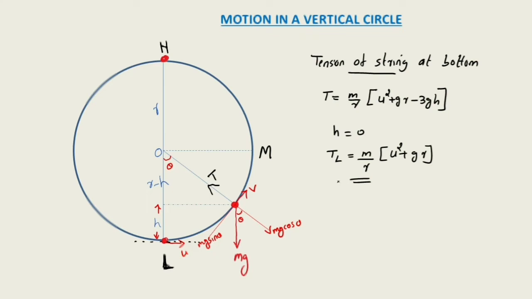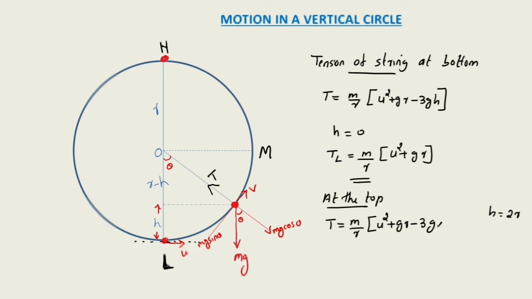Now let's discuss the tension at the top. Once again, we already know the general equation: T is equal to m divided by r into u square plus gr minus 3gh. Now what is the height from the reference point? Here h is equal to 2 times the radius, 2r.